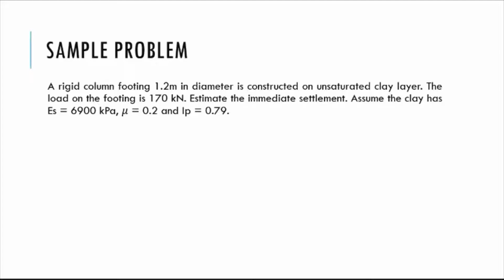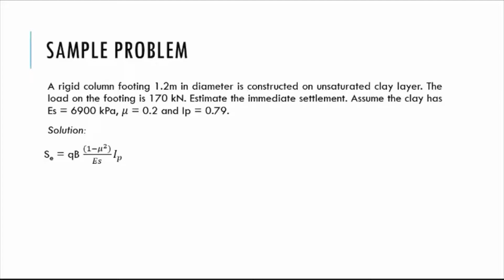Take note, class, that in other books or other authors, they denote the influence factor as I sub F. And then, how are we going to solve the problem? We need to first know the formula for the elastic settlement. Again, it's equal to QB multiplied by 1 minus mu squared over E sub S multiplied by I sub B. Why did it happen that C sub S is not given?